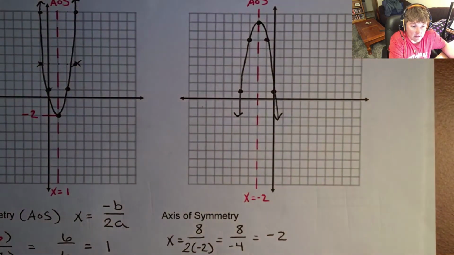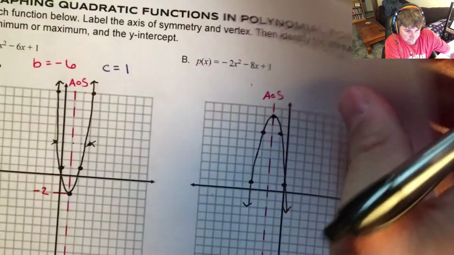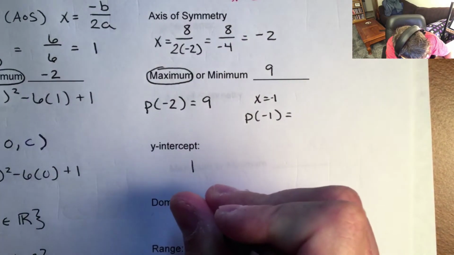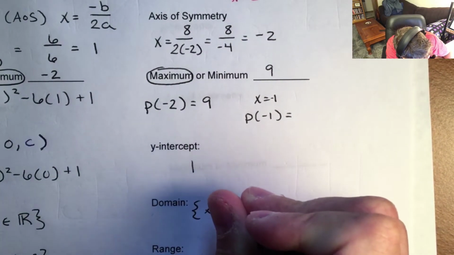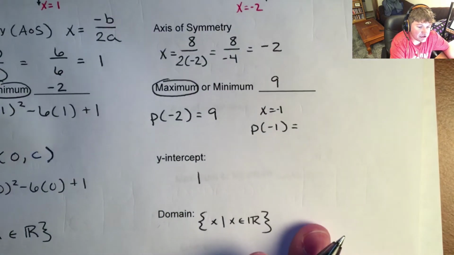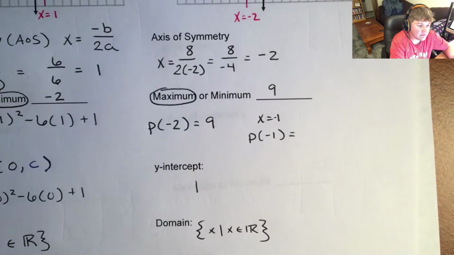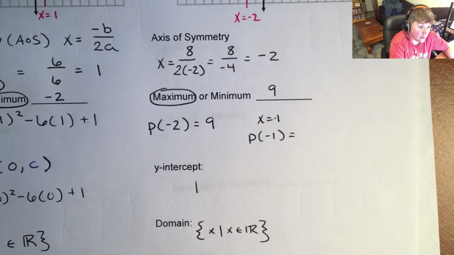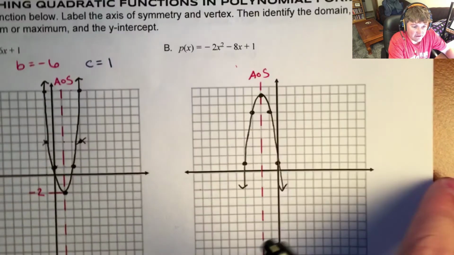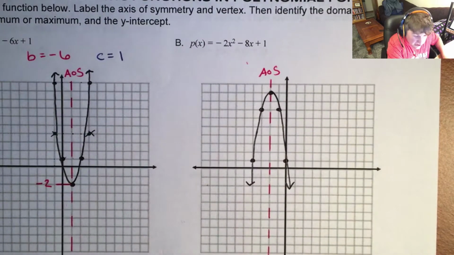All right. And lastly, we just have to answer the domain and the range. The domain here is always all real numbers. Every quadratic equation is going to have a domain of all real numbers. You can plug in any x value. There's not going to be a hole or a break in our graph. The range does vary from function to function, so here you always want to look at your vertex.